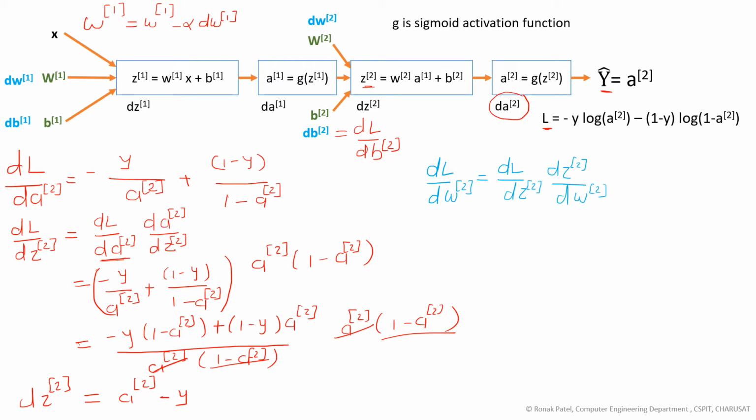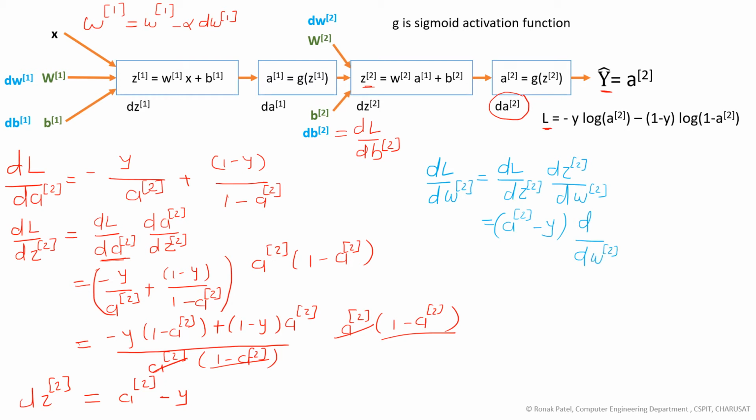So this thing we know, dL upon dz2, which is equivalent to a2 minus y, right? And dz2 with respect to your variable w2 will be d upon dw2 of z2.